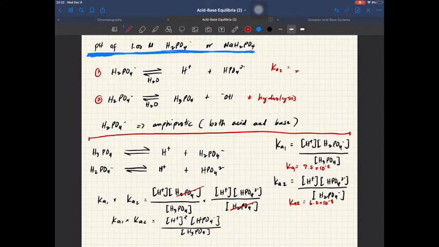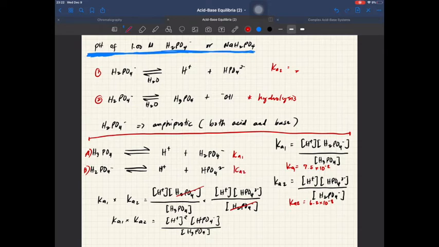But how do we calculate the pH of an amphiprotic species? Remember the first ionization, let's say it's A, and this one is B. The first ionization produces dihydrogen phosphate, and dihydrogen phosphate produces hydrogen phosphate in the second ionization. So these are just Ka1 and Ka2.